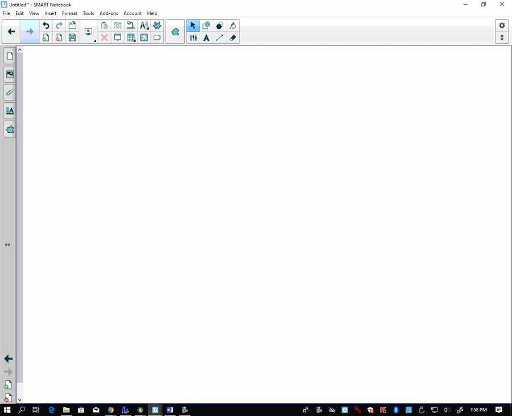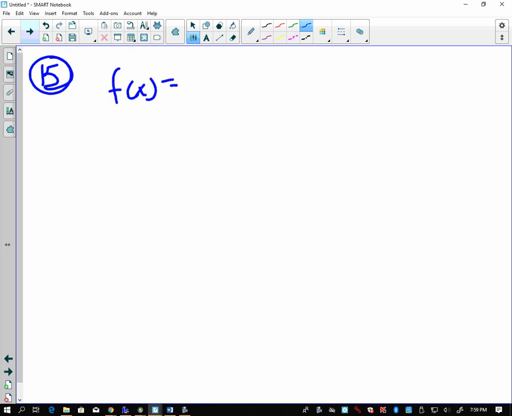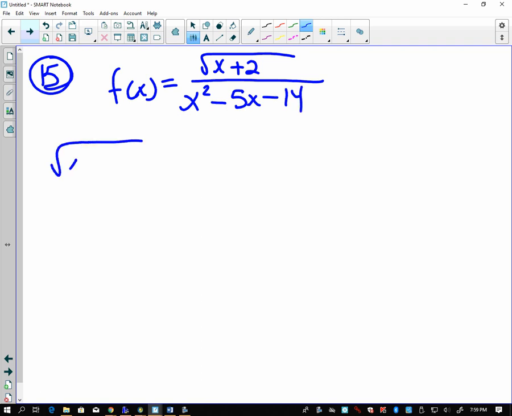Number 15. All right, we want to know the domain. We got square root of x plus 2 over x squared minus 5x minus 14. We always start with the top. We got x plus 2.